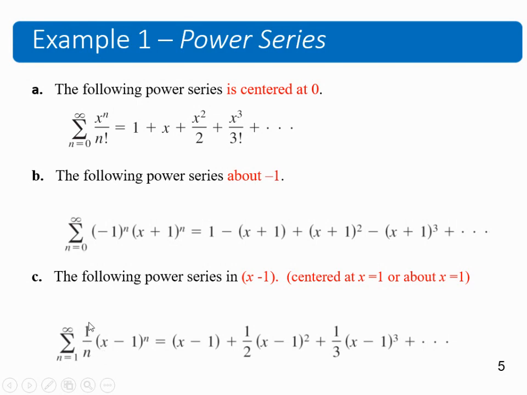And then in this situation, 1 over n are the coefficients for each of your terms. All right, so those are 3 different ways of saying what your power series is centered at. And then you can easily determine what your c is. In part A, c is 0. In B, c is -1. In part C, your c is 1.